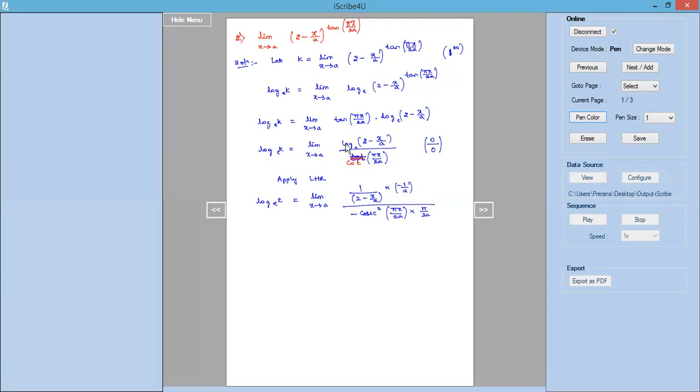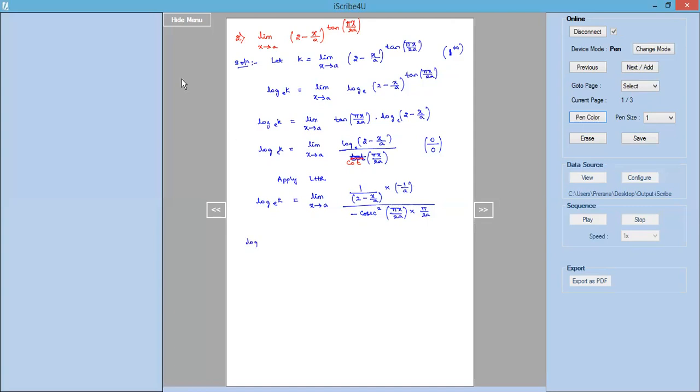So differentiation of log t will be 1 divided by t into differentiation of 2 minus x by a, which is taken care of here. Similarly, differentiation of cot theta is minus cosecant square theta into differentiation of pi x by 2a, which is pi by 2a. Now we will rearrange this and then try to apply the limit. So minus and minus both in the numerator and denominator get cancelled.